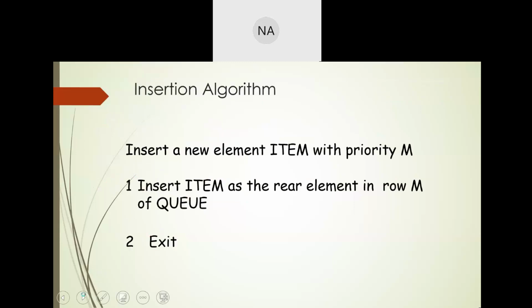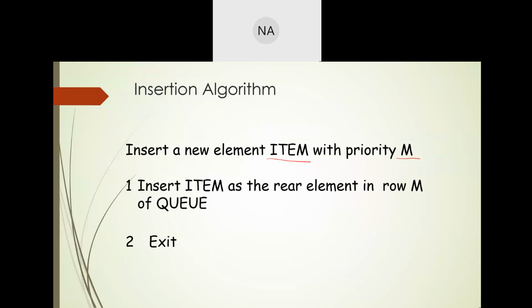Insertion algorithm. You have to insert a new element with value equal to item and priority equal to m. It means that this new element will be inserted into row m. Each row is maintained as a circular queue, so it will be inserted as the last element in that circular queue.